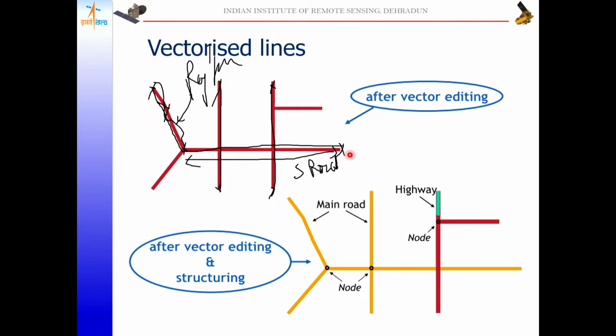So either you take precautions and do all the steps together, or you create once and perform editing and then structuring. Different names for different segments is one of the needs for structuring.